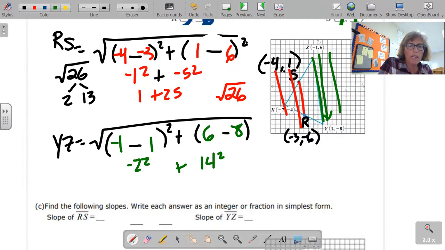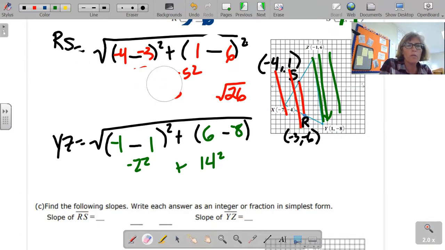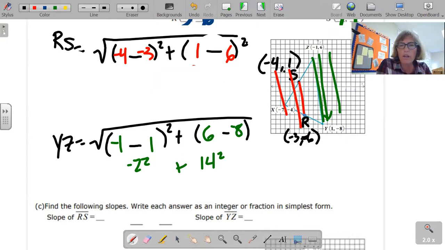I dropped a negative here. Up here, got to be really careful. That's -6. So this ends up being 1 and double negative makes a positive.